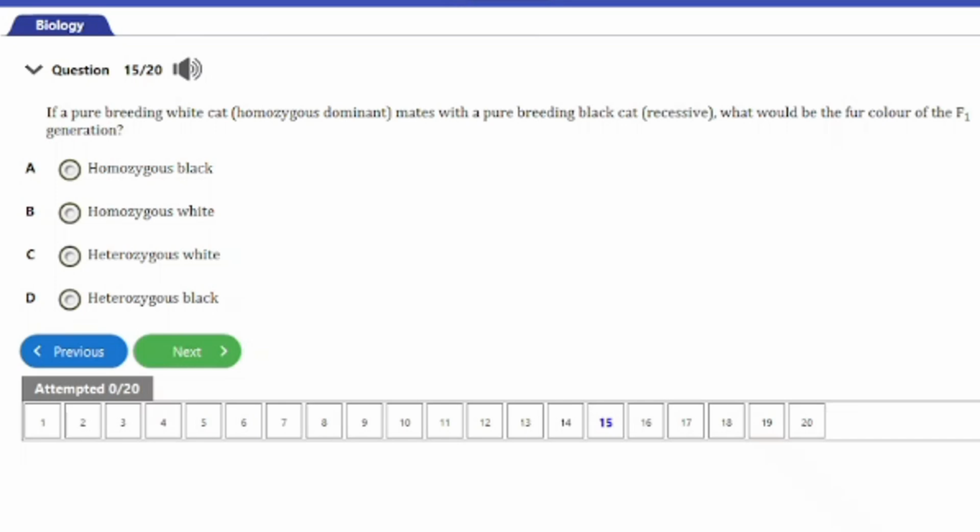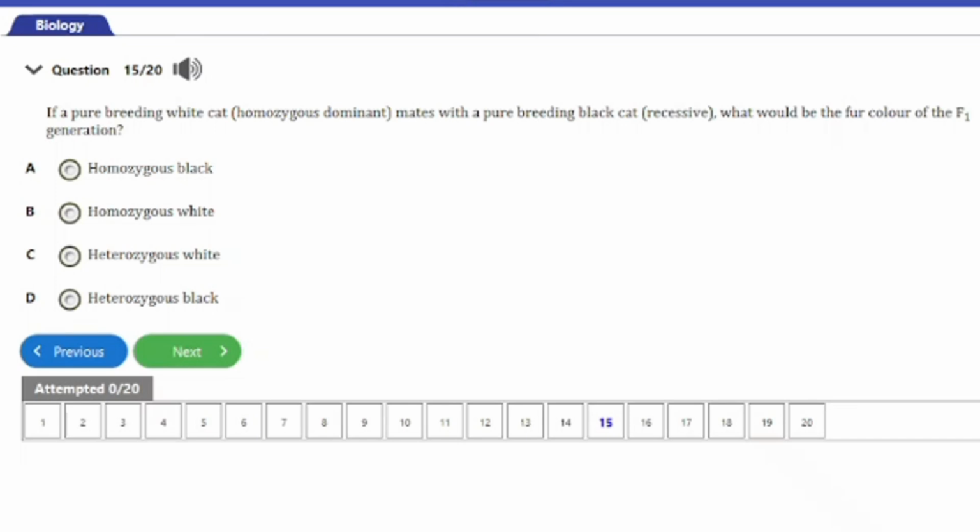Question number 15 here, it says, if a pure breeding white cat, that's homozygous dominant, mates with a pure breeding black cat, that is recessive, what would be the fur color of the F1 generation? So guys, without having to think about this, we already know that the F1 generation will take the color of the dominant cat, and that's white, right?